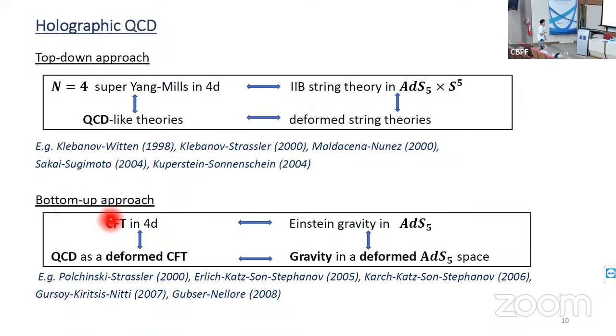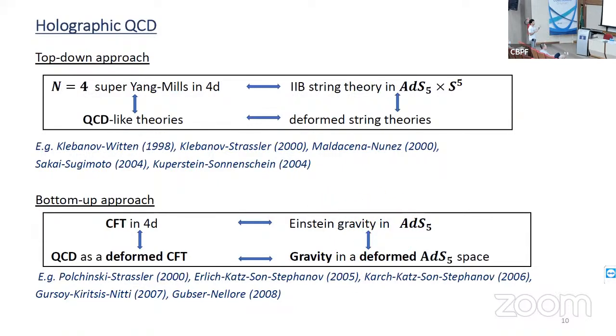The other approach is the bottom-up, where you forget about string theory. I mean, you can keep some ingredients, but the idea is that you start with AdS/CFT. You imagine that you have some conformal field theory in 4 dimensions that maps to Einstein gravity in AdS5.